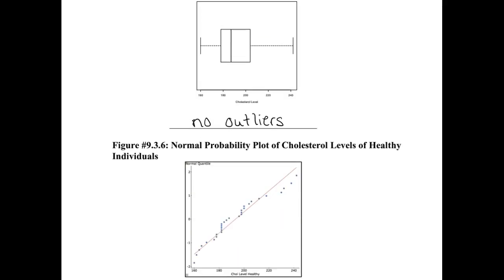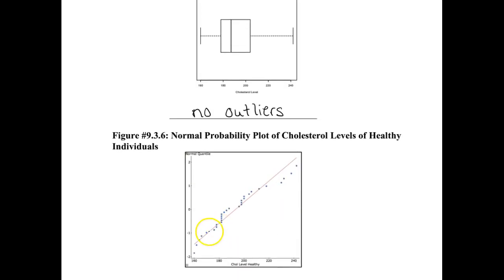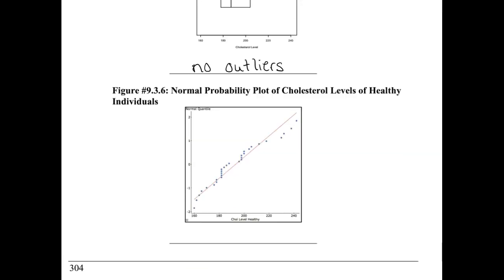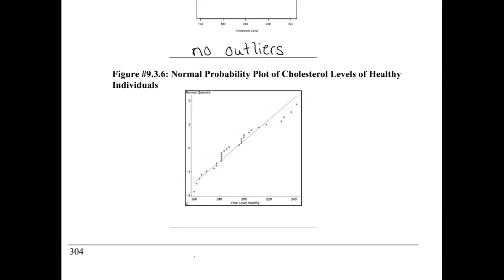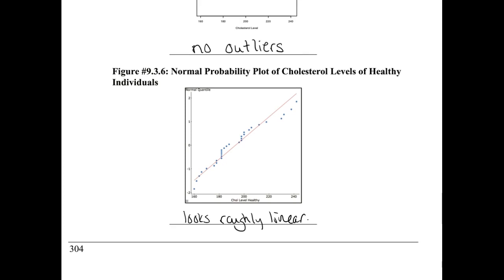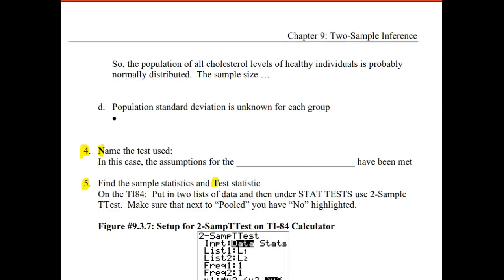And if we look at the normal probability plot, again, it looks pretty linear, but it's starting to wander here and wandering off down on the other end. So it looks roughly linear. But even if we were to question that, the other one's pretty close to 30, but at least this one we did have a sample size of at least 30.